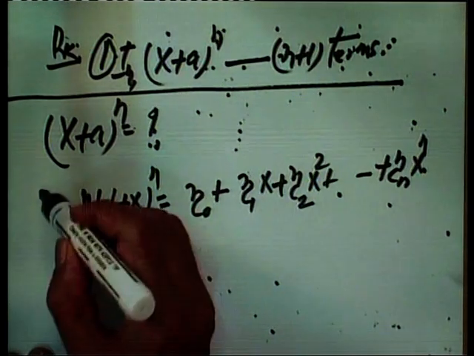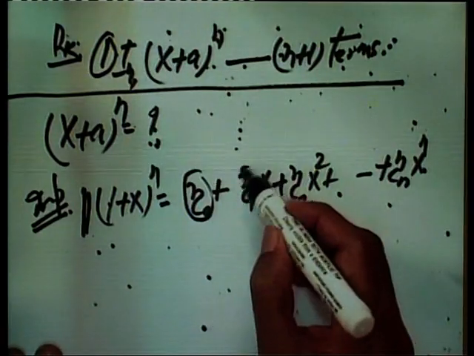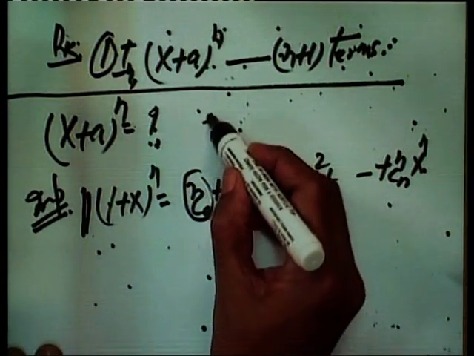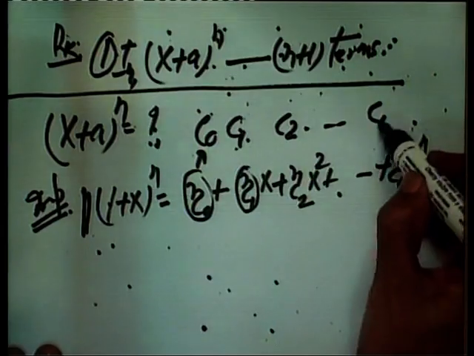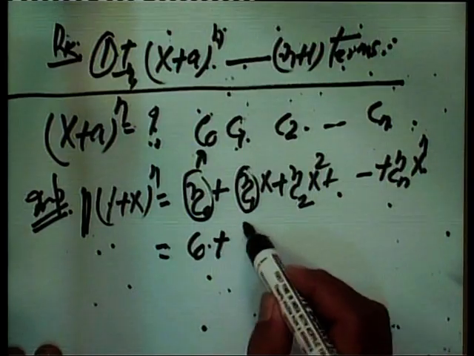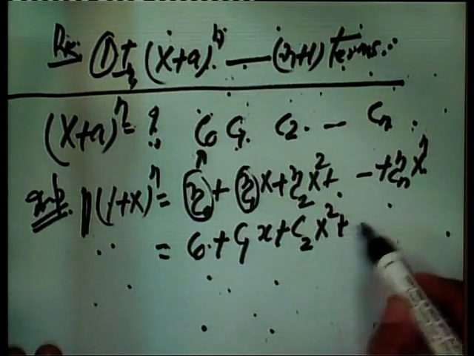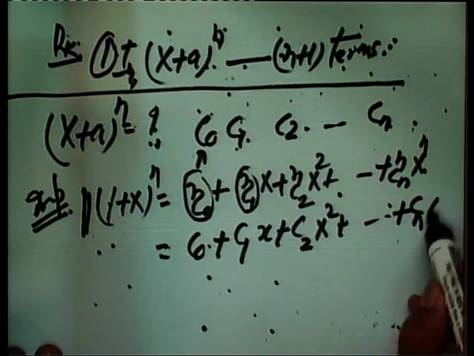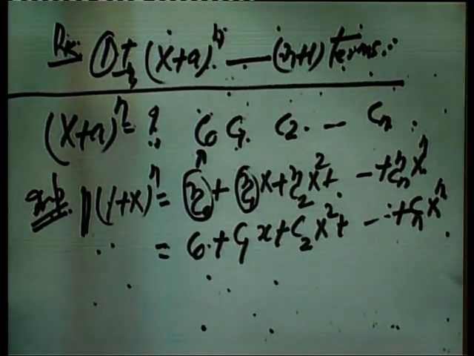This is important. These coefficients are also written as C0, C1, C2 and Cn. This is just the notation. So, you can write this as C0 plus C1 x plus C2 x square plus so on plus Cn x raised to power n. I am intentionally giving this expression because I have written it is important.